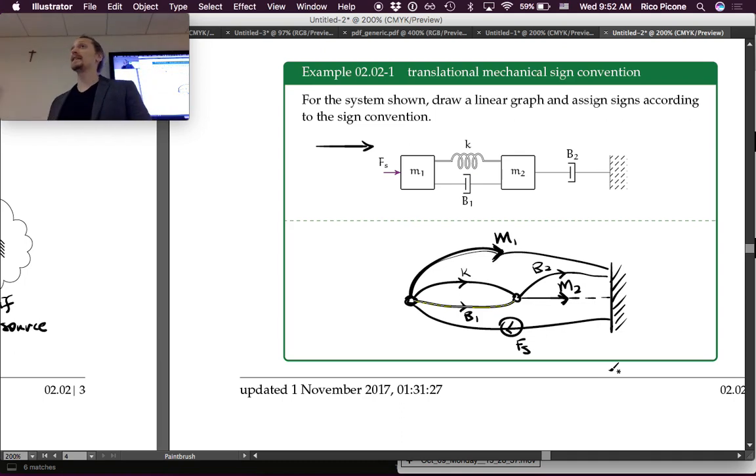But realize that being able to construct this is the part where the engineer is still going to have economic value for some time. The rest of it can be automated. This first part is something where there's some interpretation in how you assign things and what's connected to what. But once you connect it up, the rest of it can be automated.